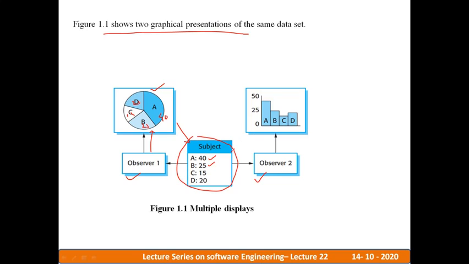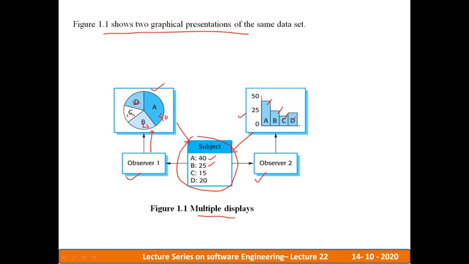The same data set can also be displayed through a bar graph, where A is 40, B is 25, C is 15, and D is 20. So in multiple ways we can display the same set of data.